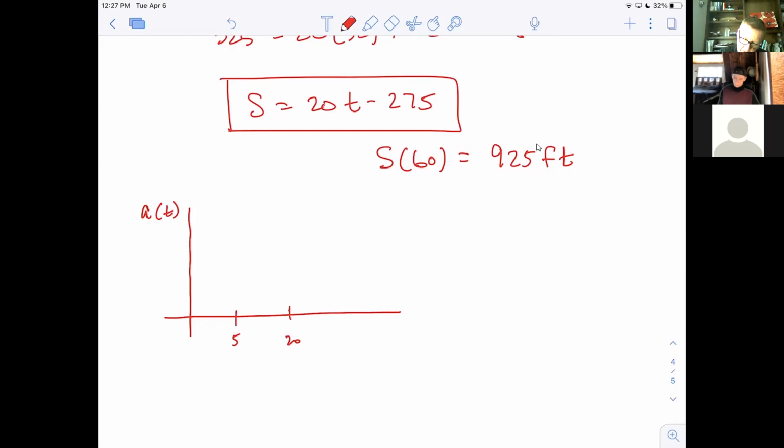Don't have to draw this to scale, and then 20 to 30, and then 30 to 60. It was 2 the entire time from here, and then it went to 0, and then it went to 1, and then it went to 0 again. So this would be the acceleration graph as a function of time. Does that make sense to you?